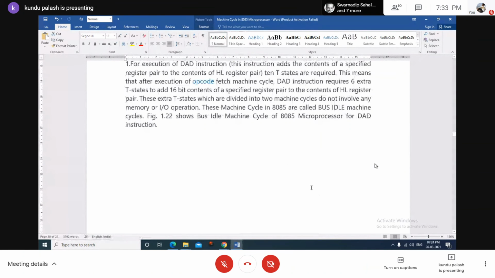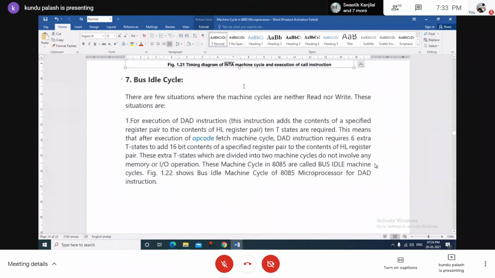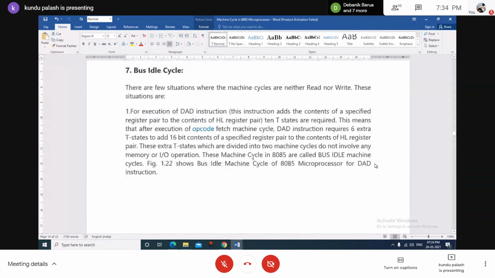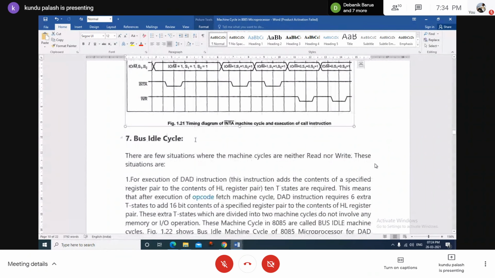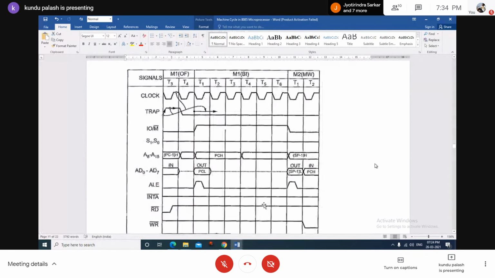This is called the bus idle machine cycle, which occurs when the halt instruction is executed. The halt instruction machine cycle timing diagram is called the bus idle machine cycle, which is described here.